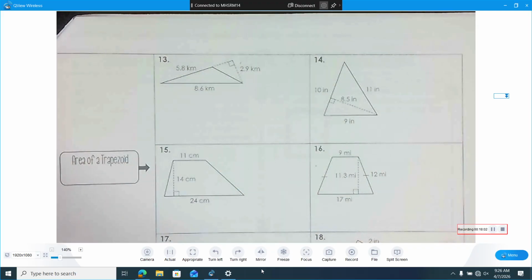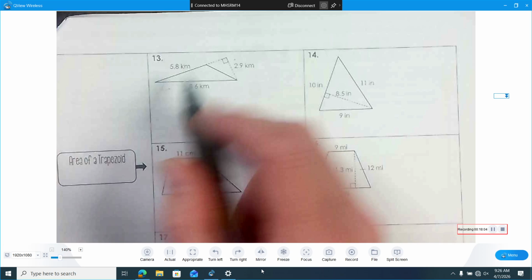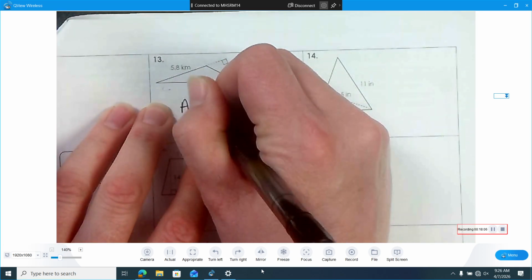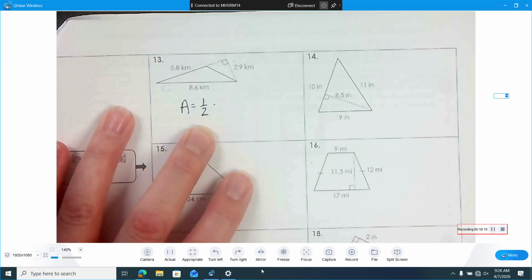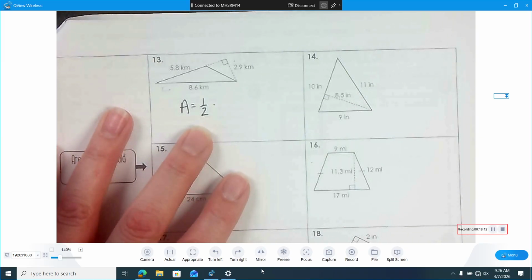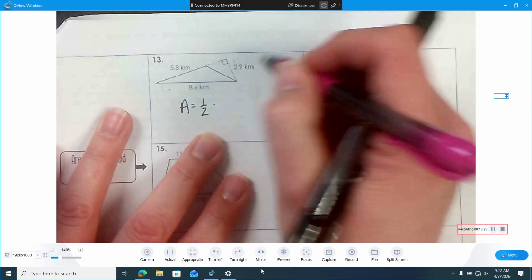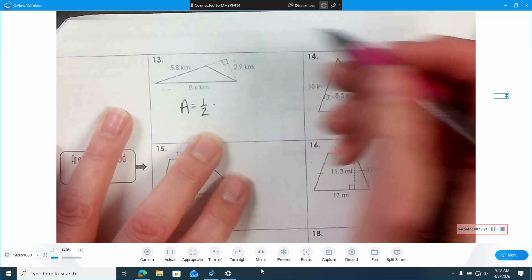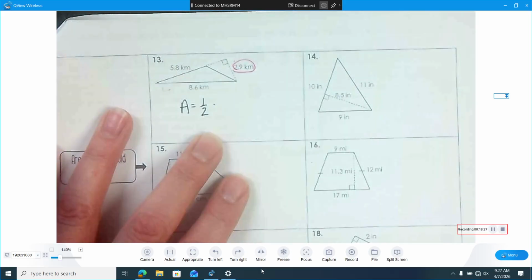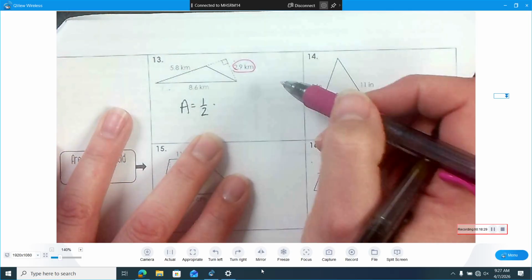13 and 14. Again, we have triangle shapes, so I know that the area is going to be 1/2 base times height. But again, looking at number 13, you have to be able to figure out what's the height and what's the base. So what's the height? Well, I go with 2.9, but you're not wrong either way.